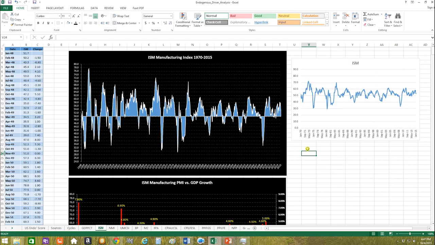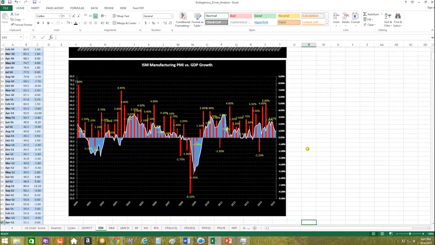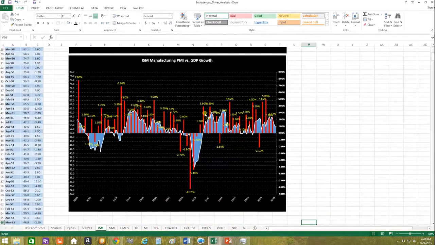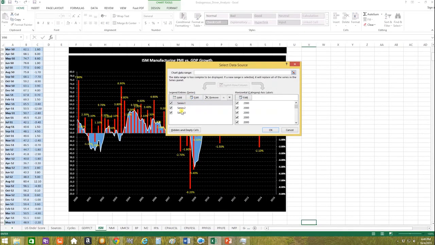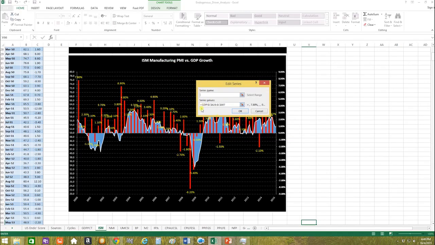What you can also do is add in GDP. And if you click on GDP here, and we look at the data series of GDP, you can see that the cells that we're referencing are in a sheet called GDP.